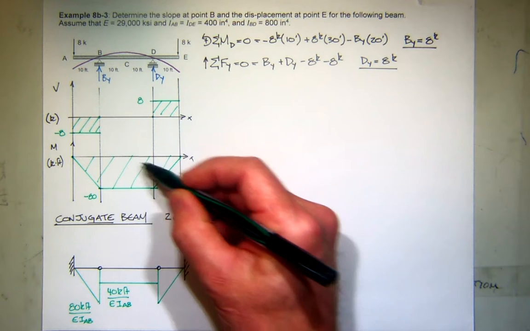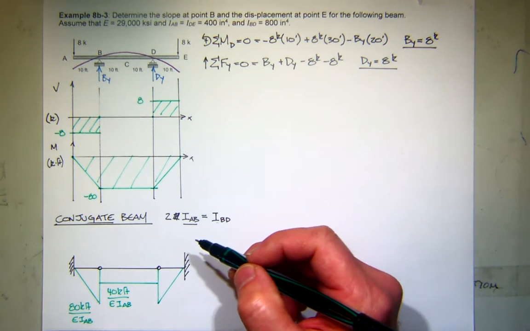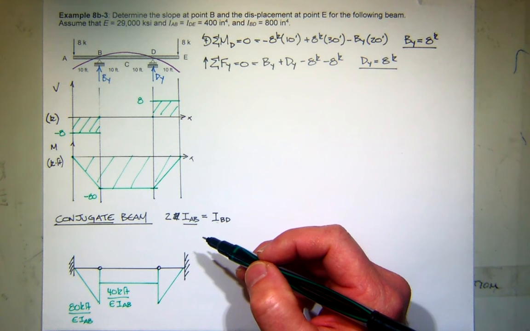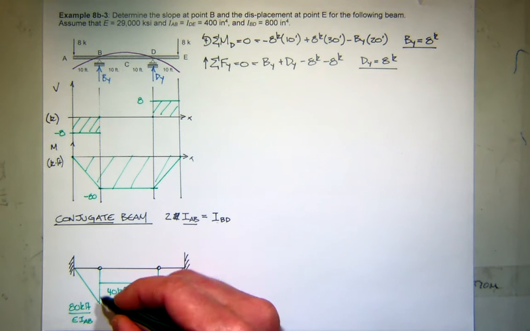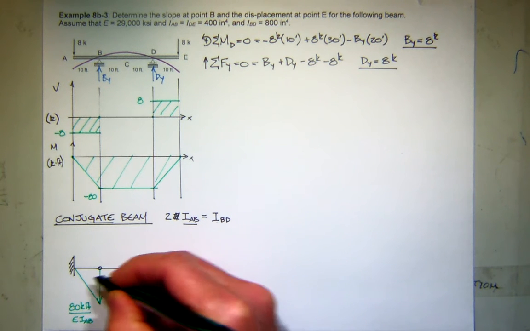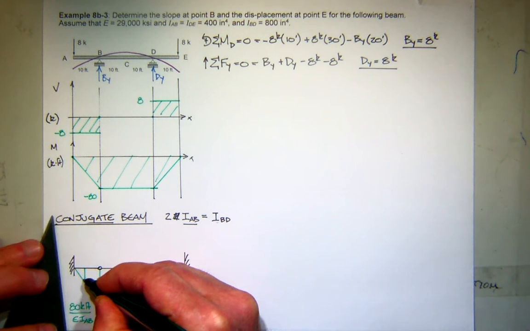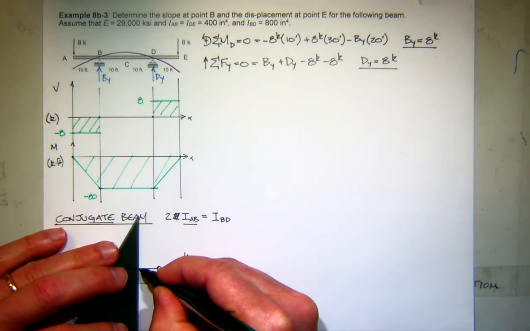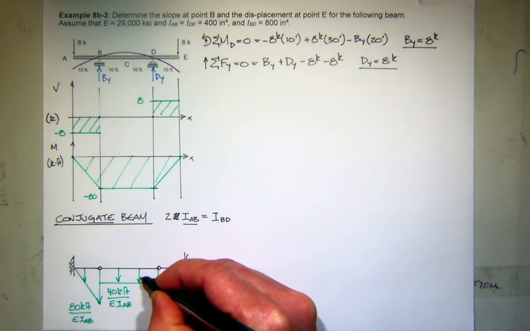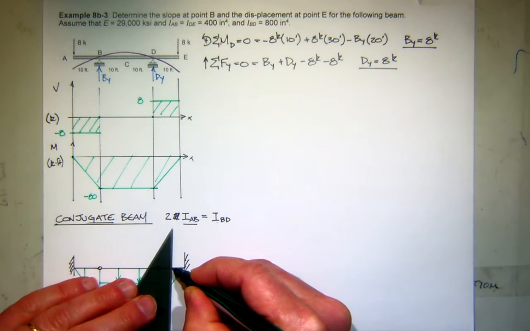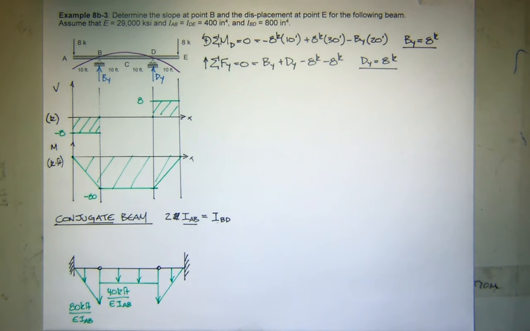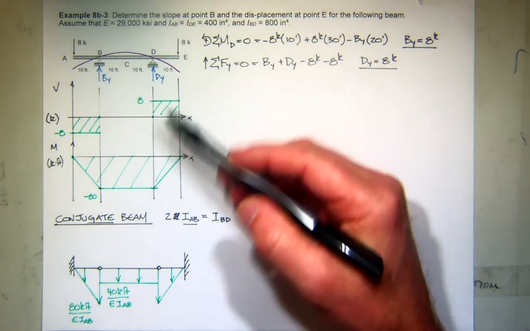Now this is all negative moment, so what direction is negative load, up or down? It's down, right? So all these values, this loading looks like this. I just have to solve that problem. For what? What do I have to solve? Well, what's the slope at B?